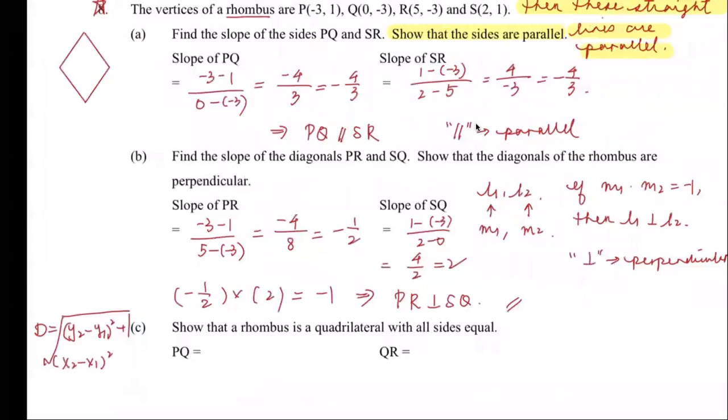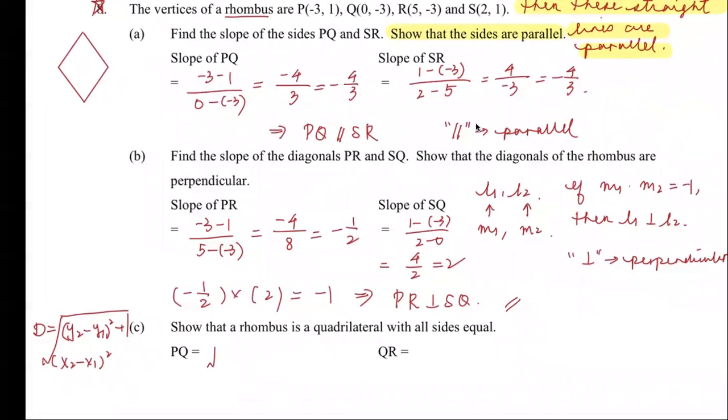PQ is equal to square root of -3 minus 1, which is -4. -4 squared, that's 16, right? And 0 minus -3, that's 3. 3 squared, which is 9. So this is square root of 25, which is 5.